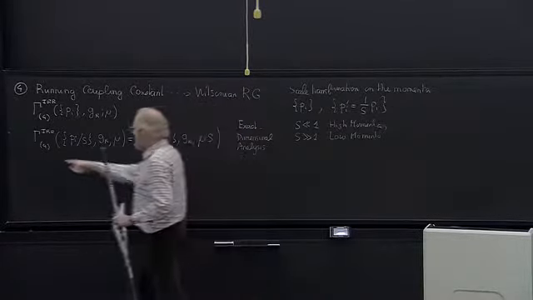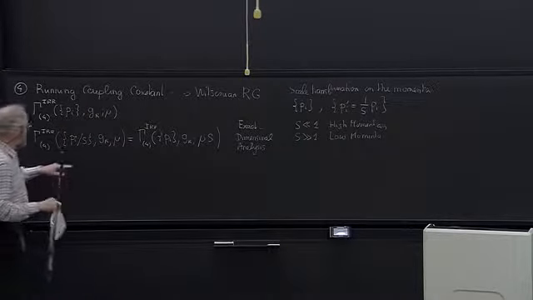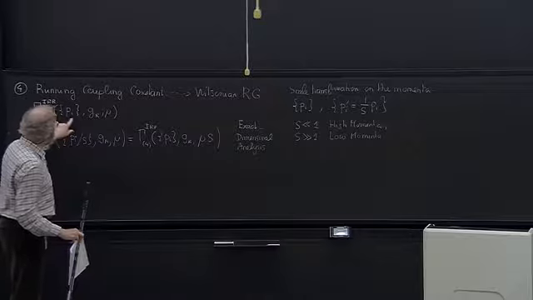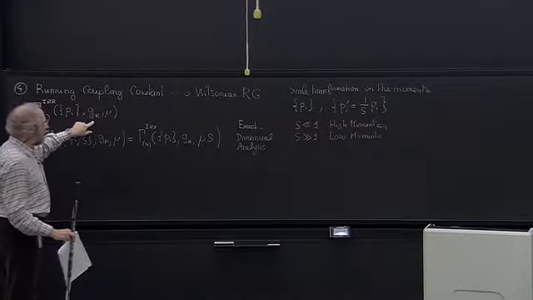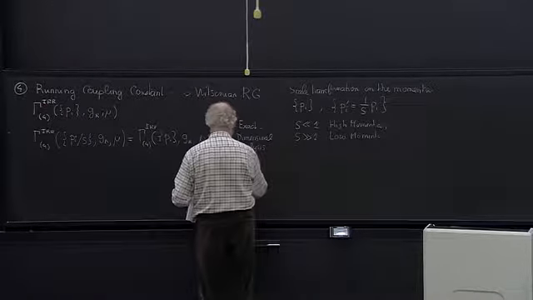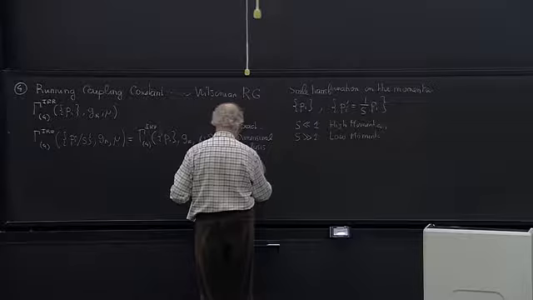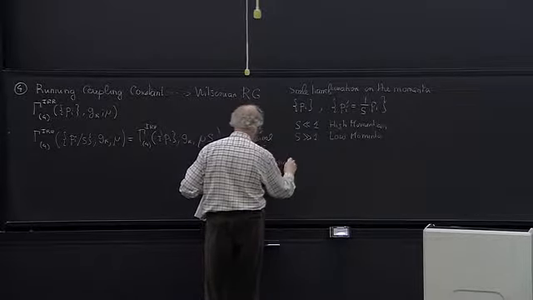Gamma is dimensionless. It depends on some momenta, on some coupling constant, and on mu. Gr is dimensionless, so gamma 4 and gr are dimensionless.